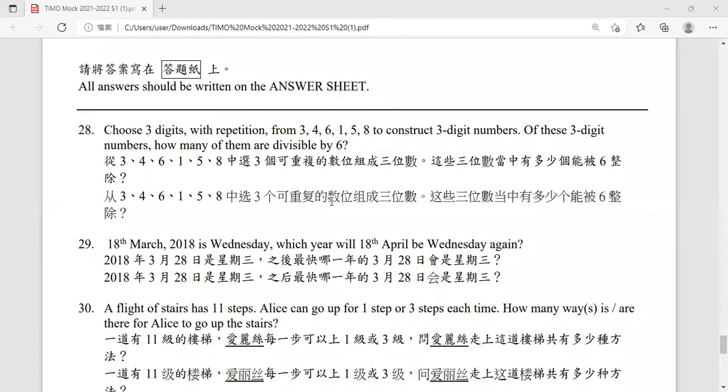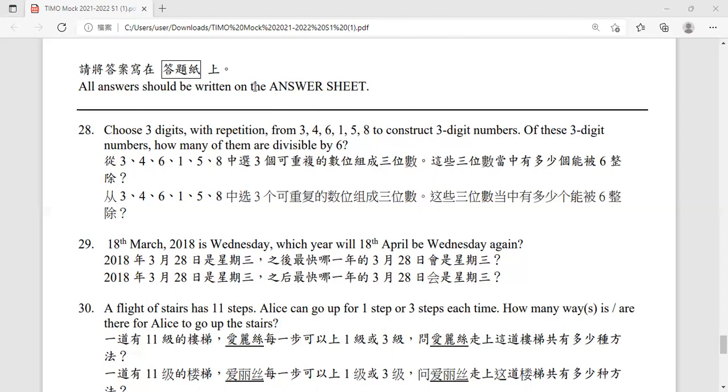Now 28. Actually, not too difficult, because you just count all the numbers. Please bear in mind that if a number can be divided by 6, it should be an even number, and its digits should add up to a multiple of 3.